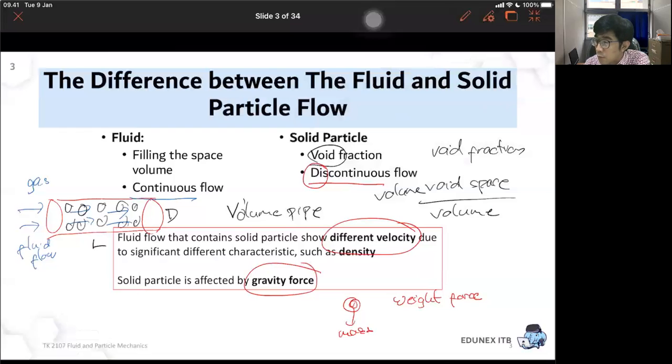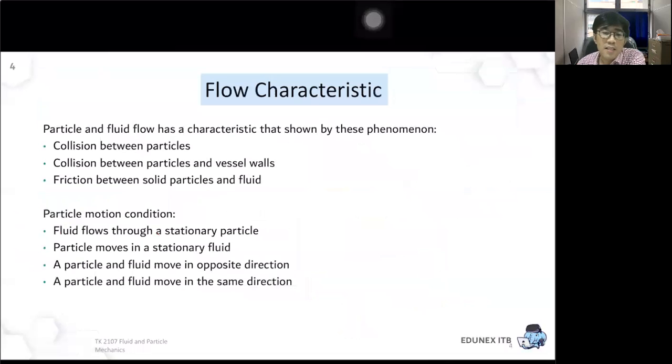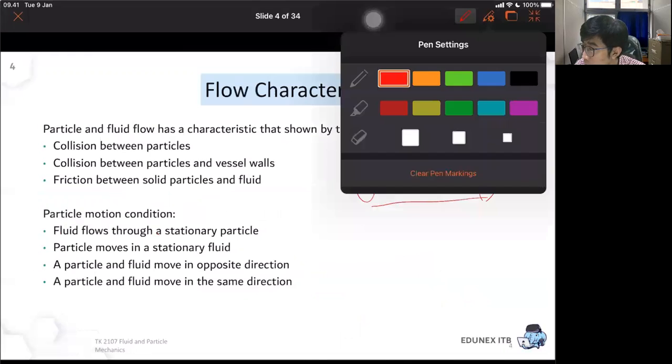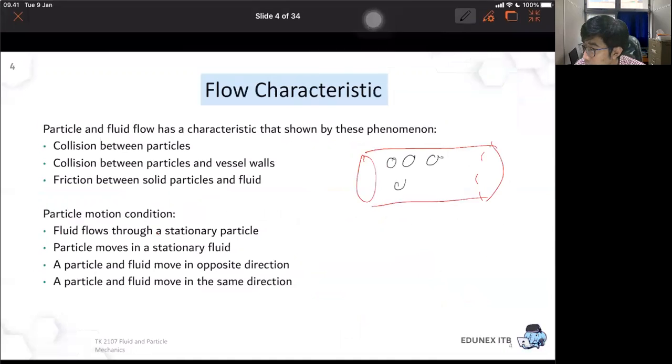Okay, let me continue. Some phenomena can happen when you have particles. First, when you have solid and liquid or gas flow, you may encounter collision between particles because maybe the size of the particles is different, so the weight is different, and then the velocity will be different from one particle to another.